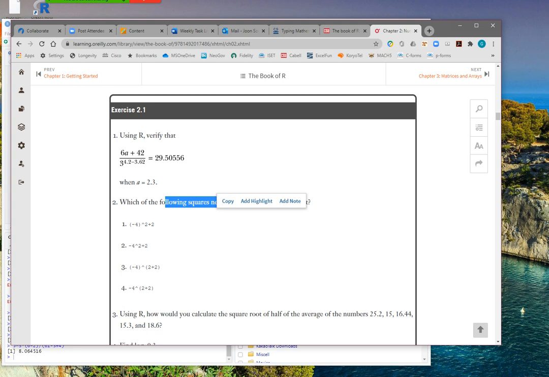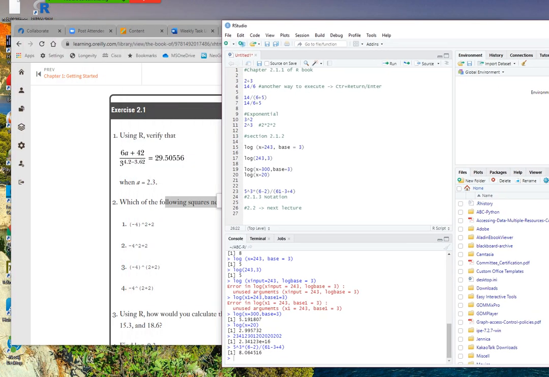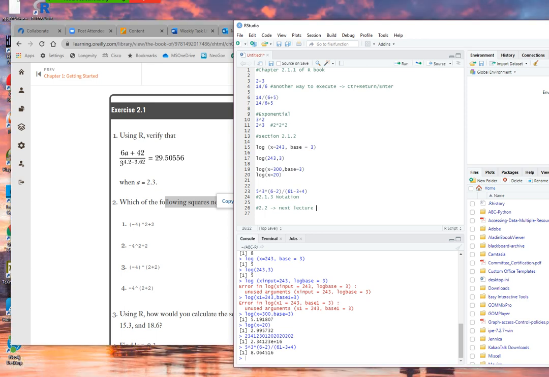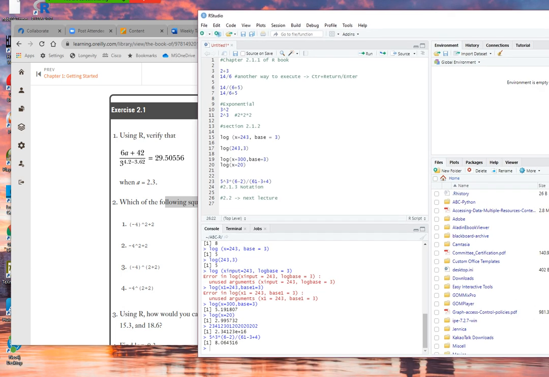For the R, the A is 2.3. This is something that I'm going to do if you want to use R: 6 multiplied by 2.3, plus 42, and then it's divided by, just in case, I put the parentheses, the power of 3. 4.2 minus 3.62, that's an exponential value.